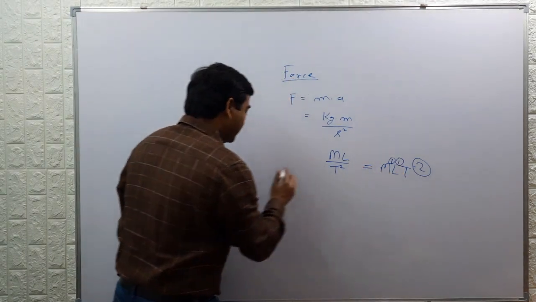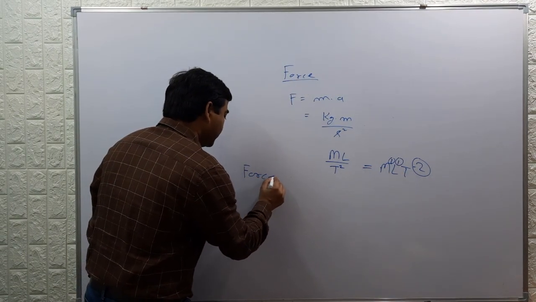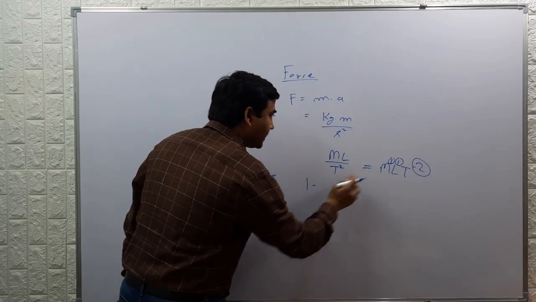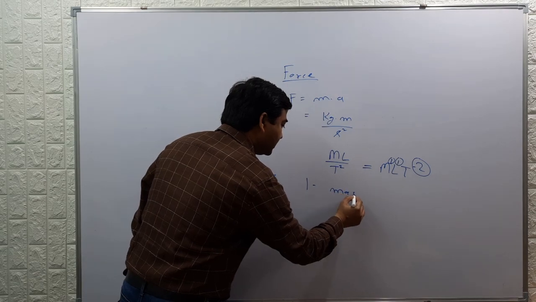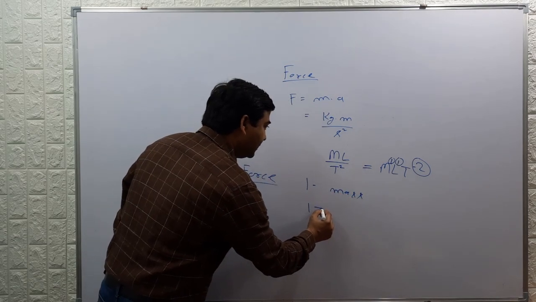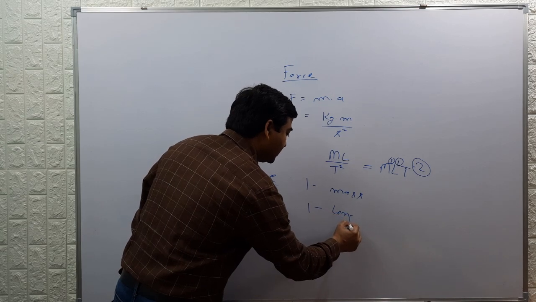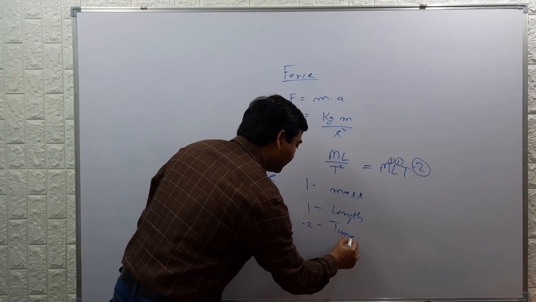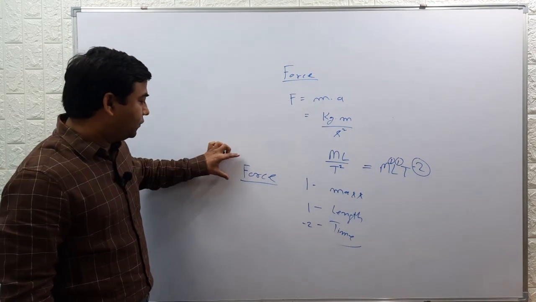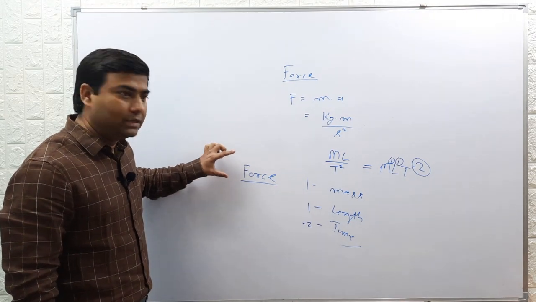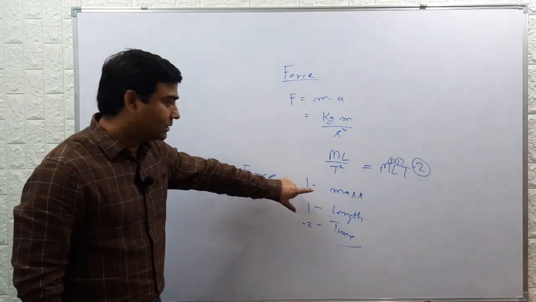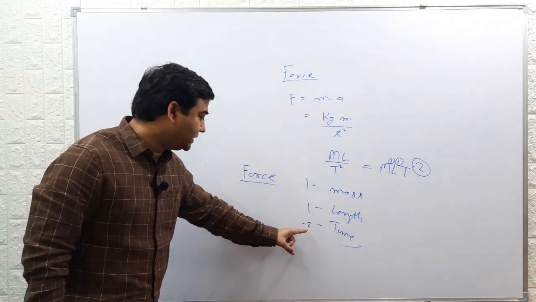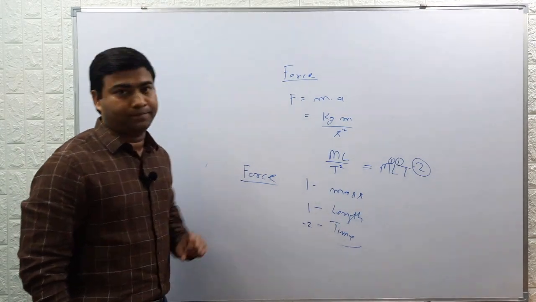Here we can say the dimension of force is 1 for mass, similarly 1 for length, and -2 for time. So force, the physical quantity, has dimension 1 in mass, dimension 1 in length, and dimension -2 in time.